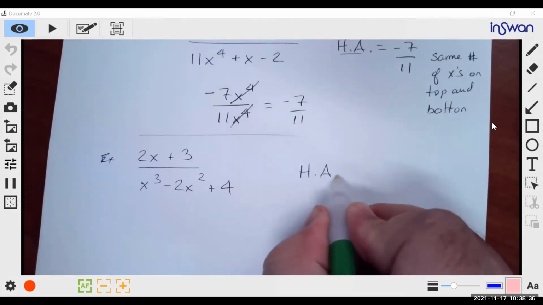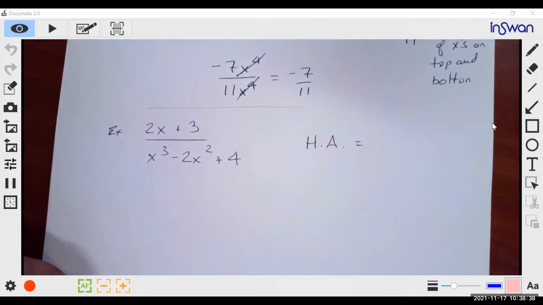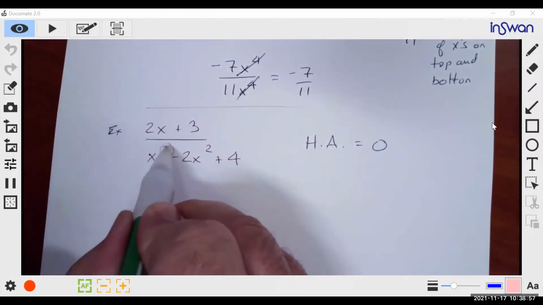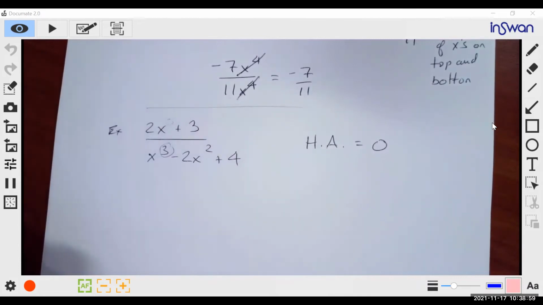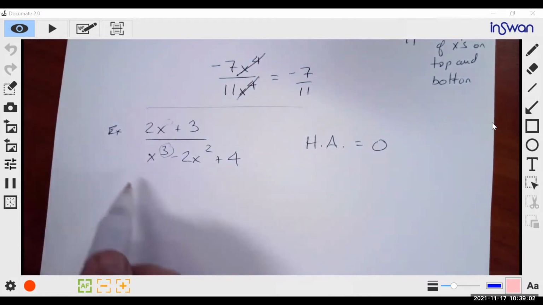What's my horizontal asymptote here? Because there's more x's on the bottom than the top.